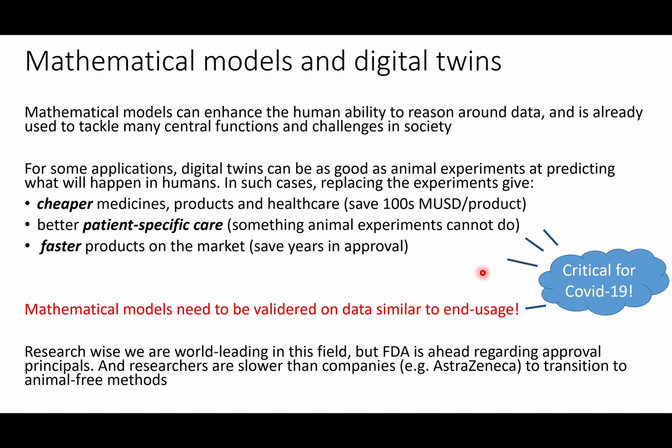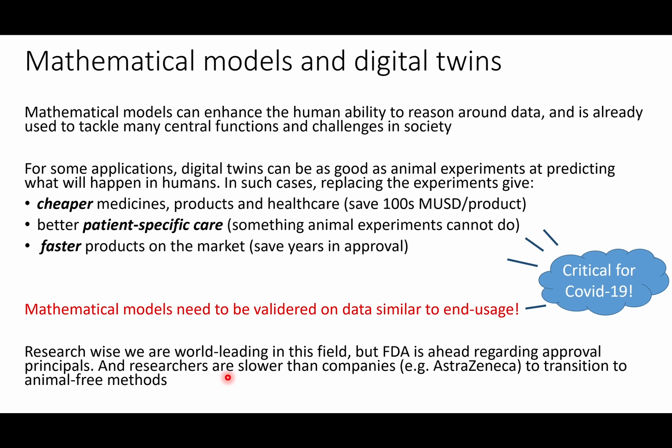And another comment is that research-wise, we are well leading in this field in Sweden. But on the agency side, on the approval side, FDA's guidelines are more sound and more well developed. They're more ready to take on models. And another comment is that researchers are slower than companies, for instance AstraZeneca, to transition to animal-free methods.